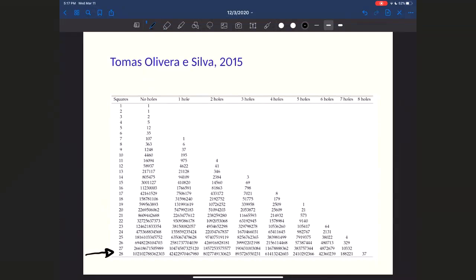So, for example, here we can see what Henry just mentioned, right? If you have 6 or fewer squares or tiles, you have no holes. Now, 1 hole appears when you have 7 tiles, and then you have to wait a little bit more, up to 11 tiles, to be able to create 2 holes, and so on.